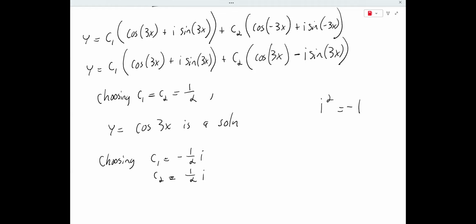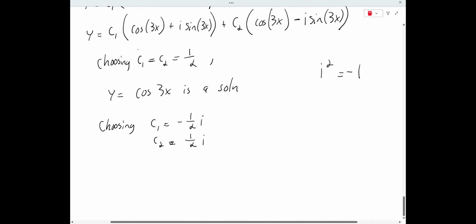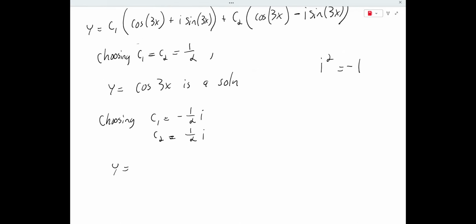Yeah, i squared is -1, from the way complex numbers work. So getting an i squared turns into -1 here. So you end up with a negative 1/2, and you get a positive 1/2 over here. Actually, I said that wrong. These will cancel, and these will add together. Anyway, another solution you get here then is this.